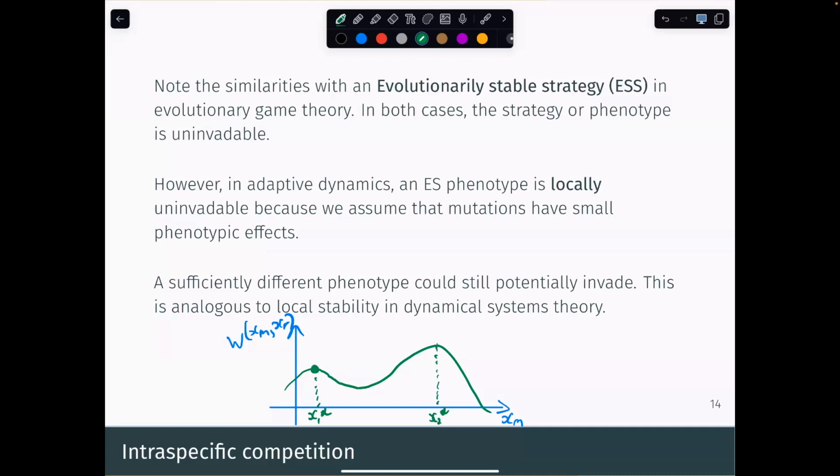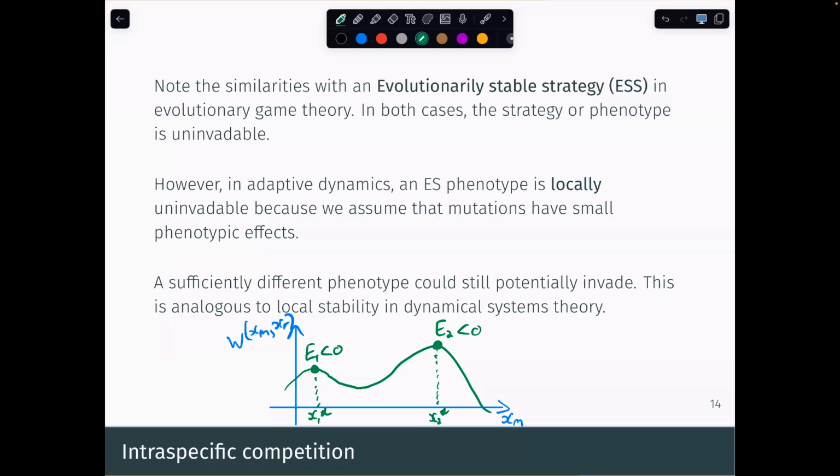Well, these are both fitness maxima. So in both of these cases, E1 is negative and E2 is negative. If I do my analysis, I would say, well, these are both evolutionarily stable strategies. They're attracting end states. Actually, I'll retract that statement.